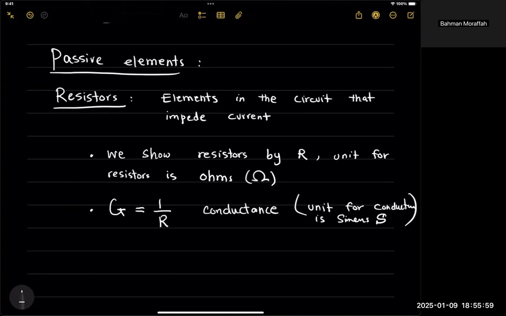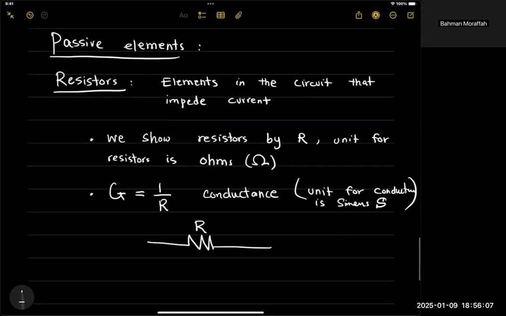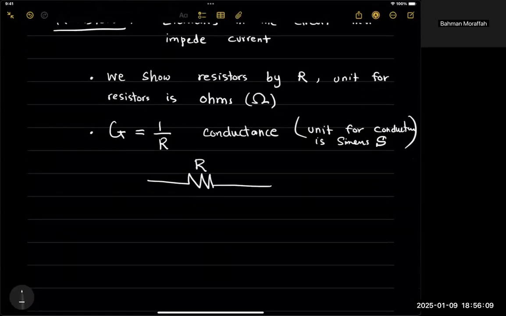But here's a very important thing. If I have a resistance, which we usually show in a circuit by something like this, this resistance will have some current going through it. Let's just call it I. And it has some voltage across it. Let's just call it V. So we gotta know the relationship between these three items.